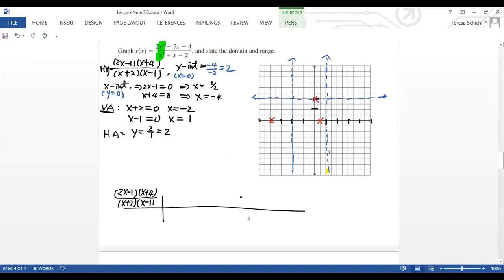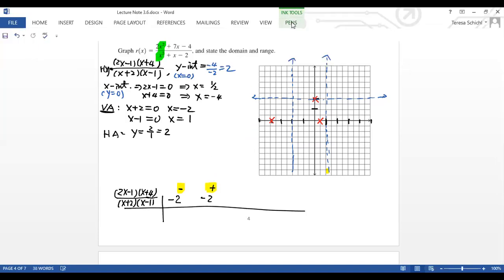Now, because I have a vertical asymptote at -2, I will say -2 from the left-hand side, that is my notation, meaning on the left-hand side of -2, and -2 from the positive side, from the right-hand side.